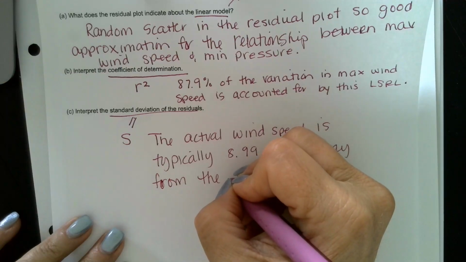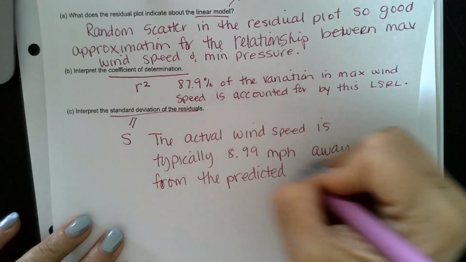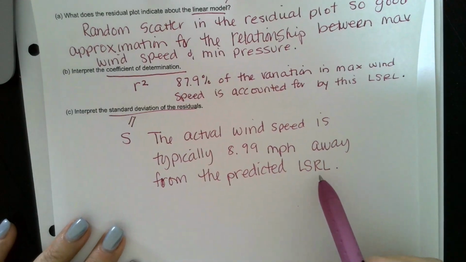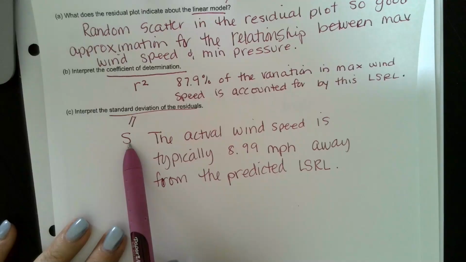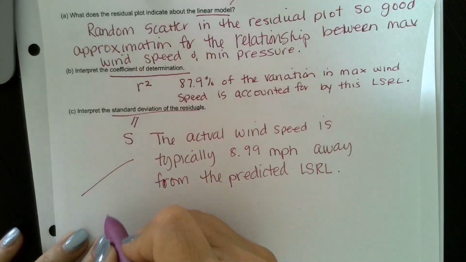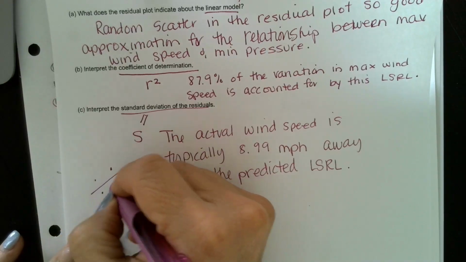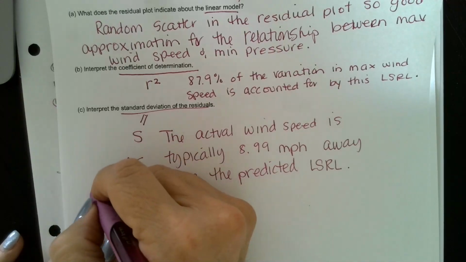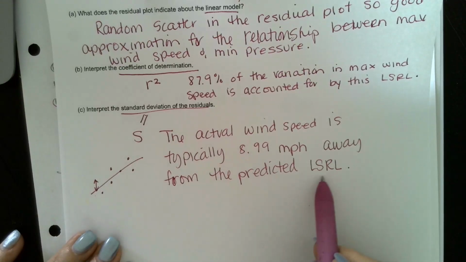the predicted least square regression line. So if you think about it, because this is the standard deviation of the residuals, that is going to be what's away from the line. So I have my least square regression line, and then I'm going to have my points that are going to be above and below this line. And so when I'm looking for the standard deviation, it's the distance away from this least square regression line.